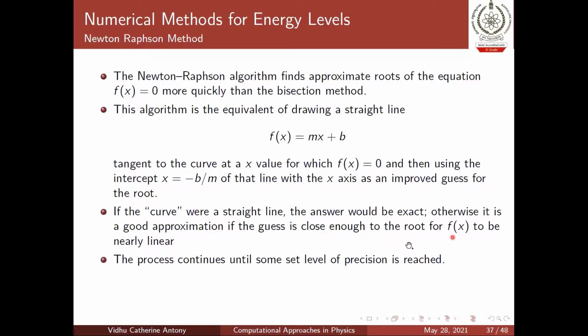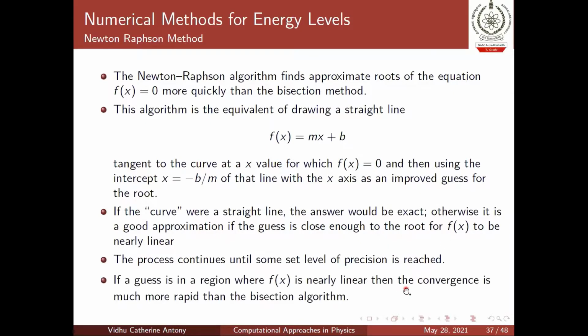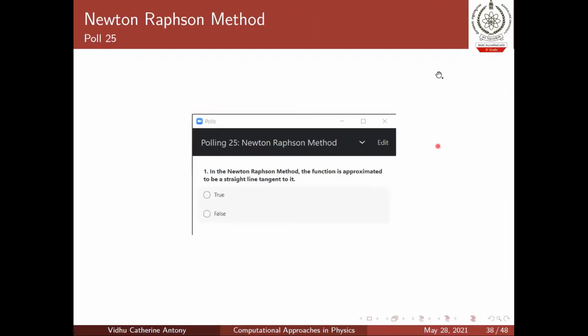Now this whole thing continues till some level of precision is reached. If your guess is in a region where f of x is nearly linear, then the convergence is more rapid than the bisection algorithm. Let me start off this poll, and then I will read the question because I don't want to lose time.